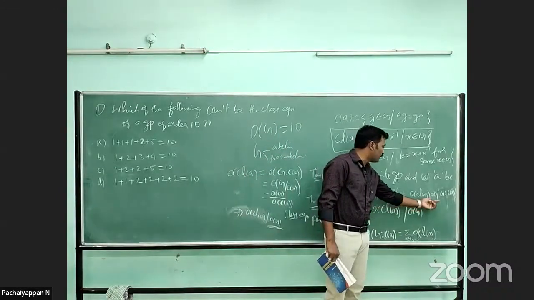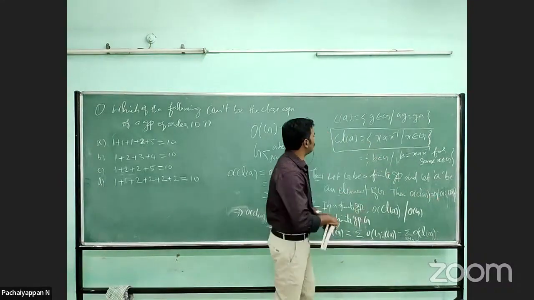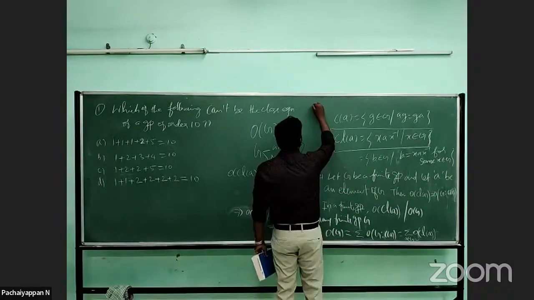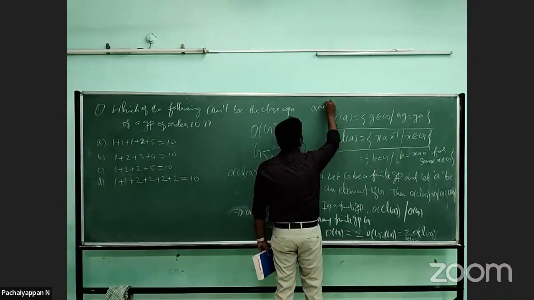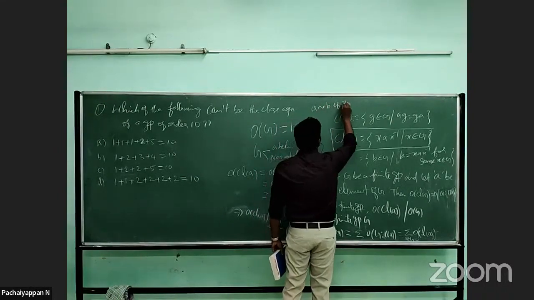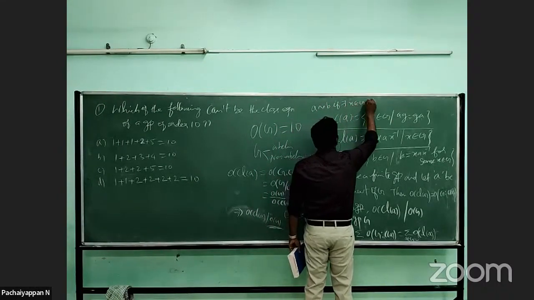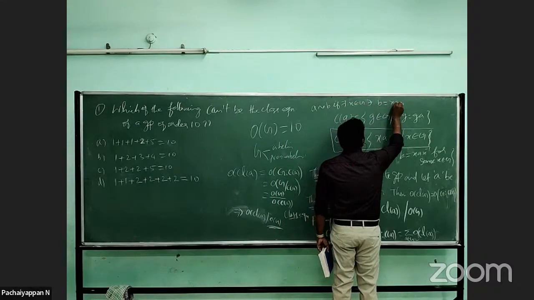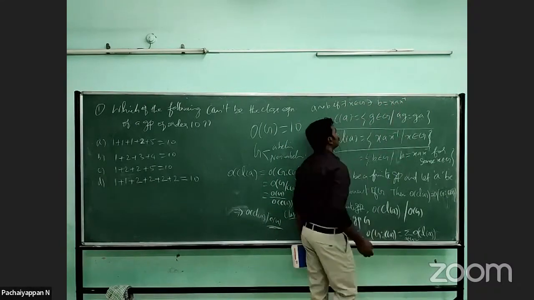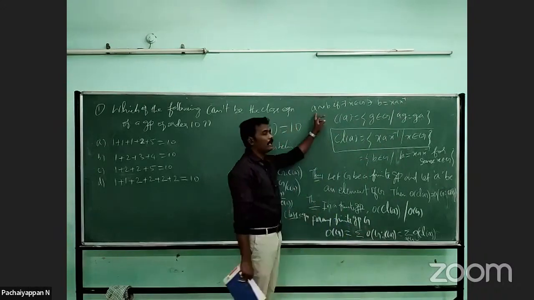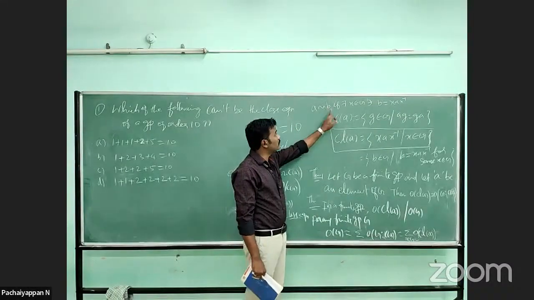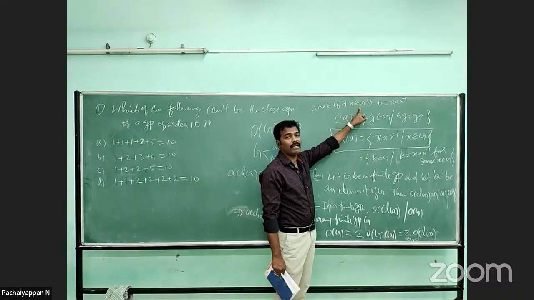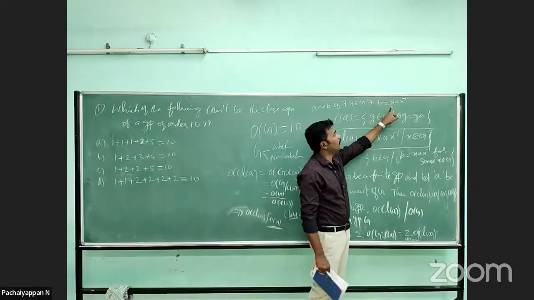So the thing is that CL of A means: A is conjugate to B if there exists X in G such that B equals X A X inverse. A is conjugate to B means there exists some element in G with this property.